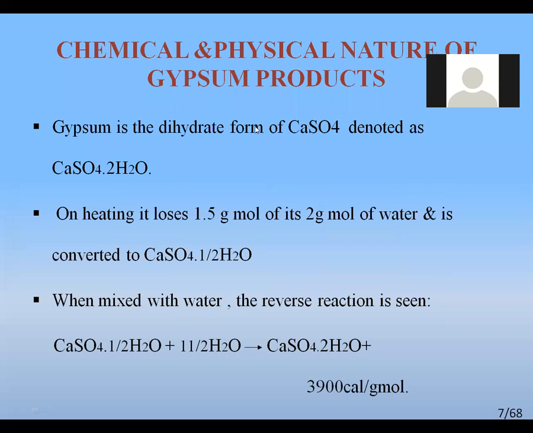Now, the chemical and physical properties of gypsum products. Gypsum is the dihydrate form of calcium sulfate, CaSO4 2H2O. On heating, 1.5 moles of the 2 moles of water are lost, converting it into calcium sulfate hemihydrate.